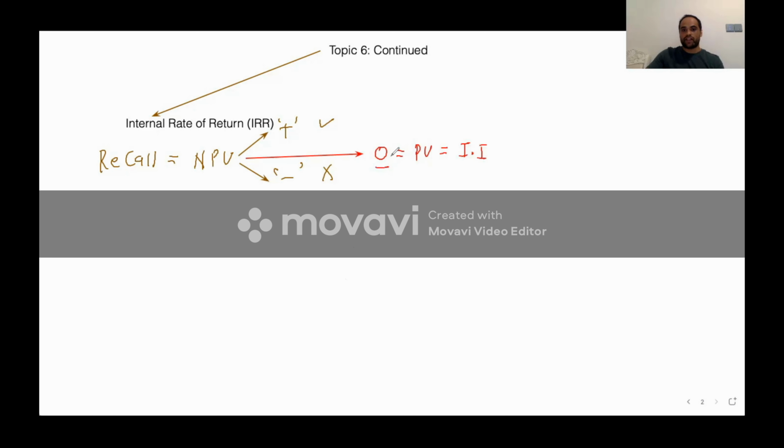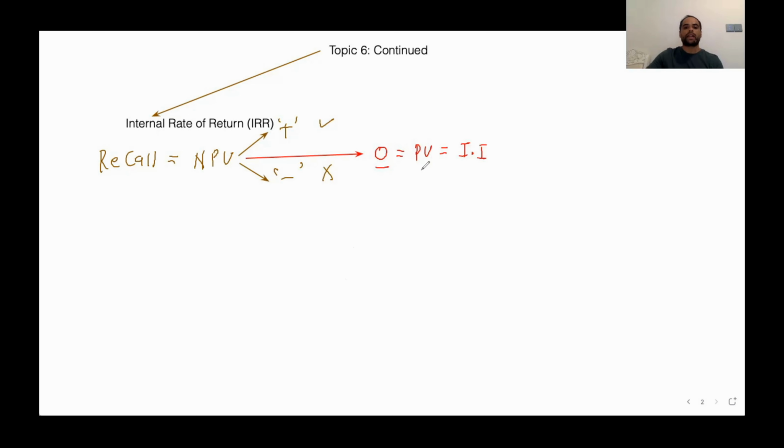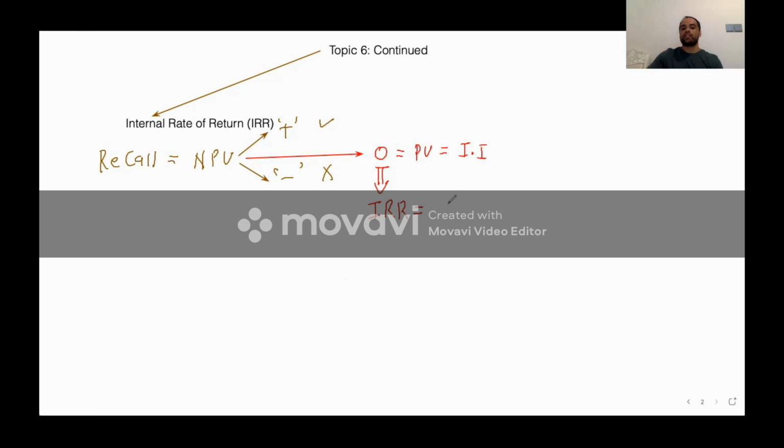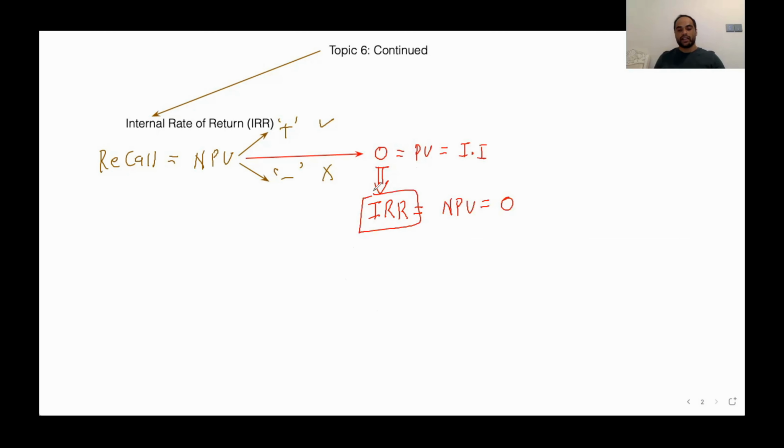So in order to clarify this kind of circumstances, we apply another method. That method is IRR. So the IRR method is the method when your NPV is equal to 0. That's what the IRR method indicates.